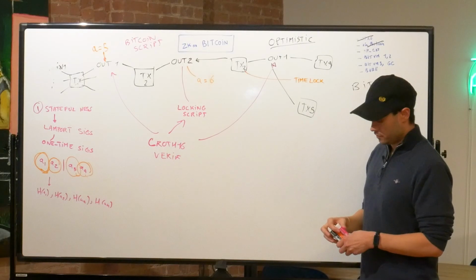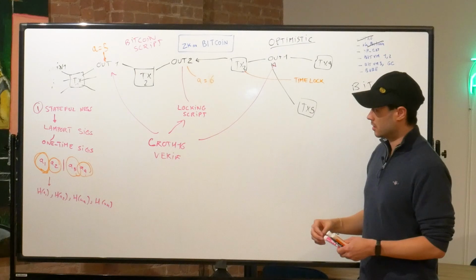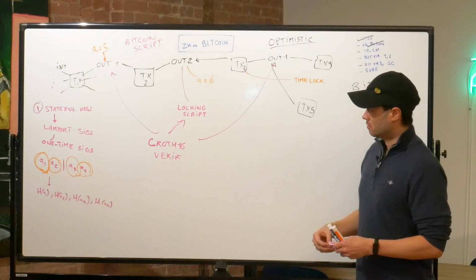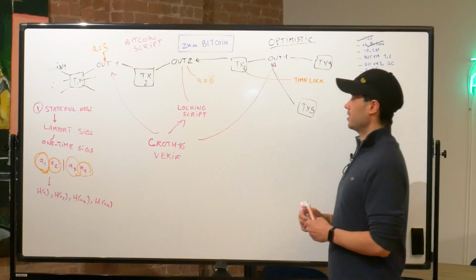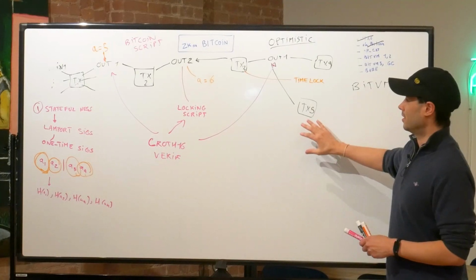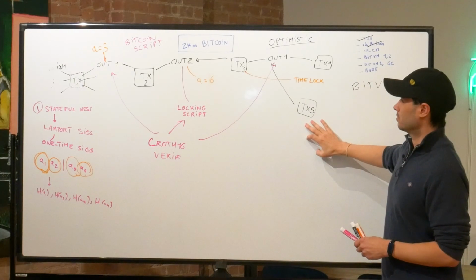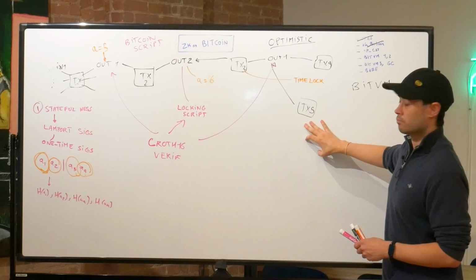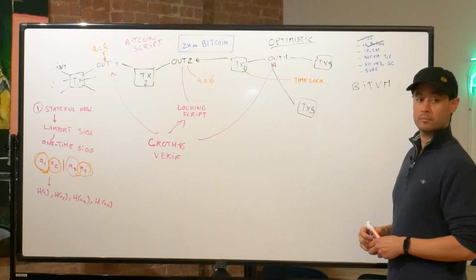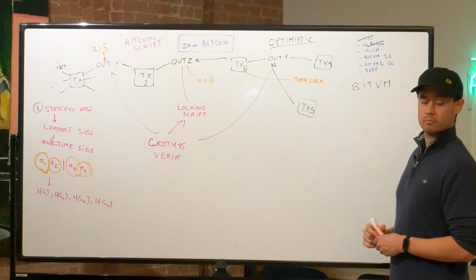And so one way of dealing with that is, actually, I need to talk about covenants at some point. How should I mention it? You can mention Taproot maybe, like there can be multiple scripts in a single UTXO.